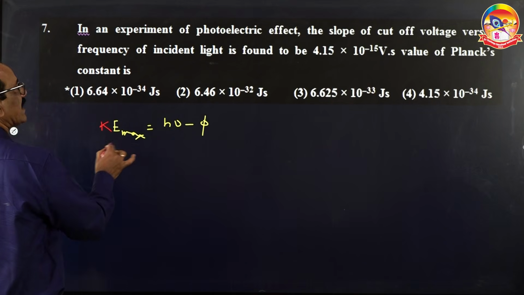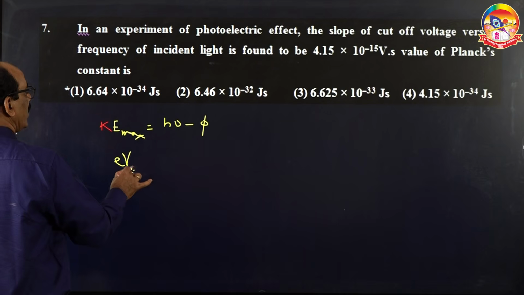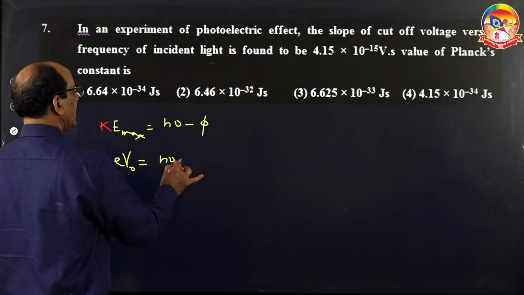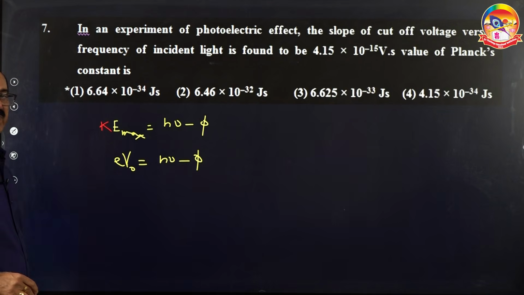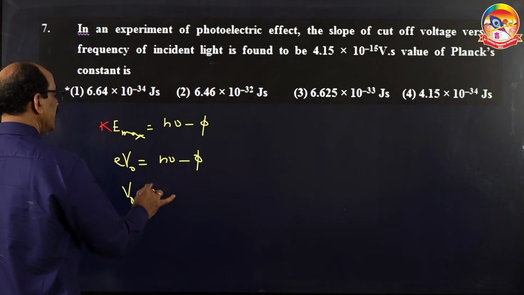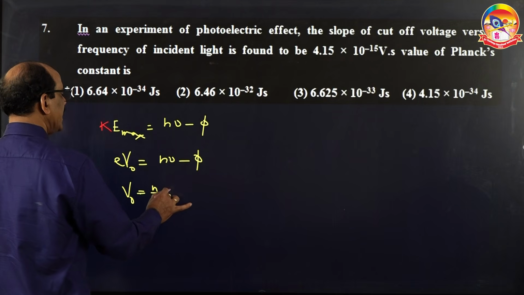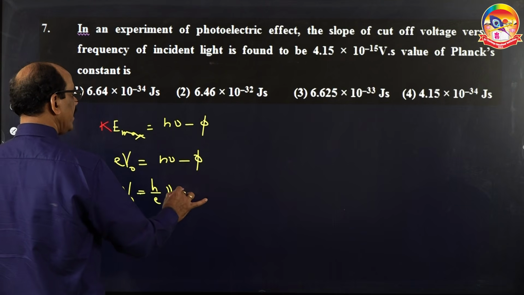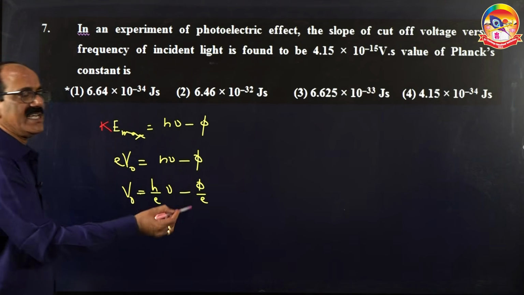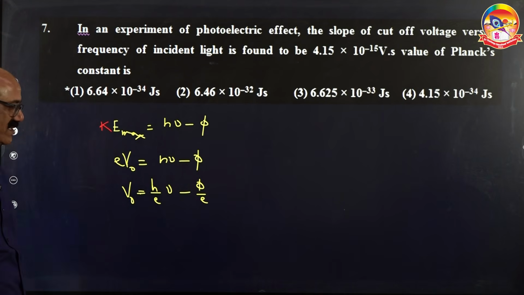So this maximum kinetic energy, I already told you that it can be given by eV naught, can be written as h nu minus work function. Therefore stopping potential V naught is nothing but h by e times frequency of the radiation minus work function by e.